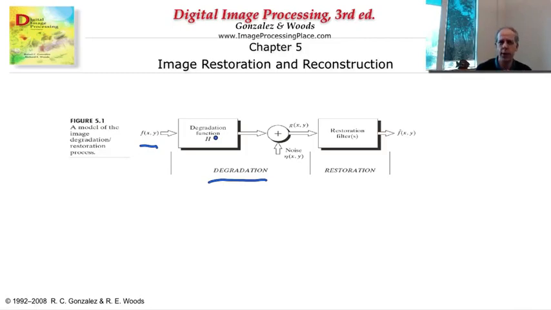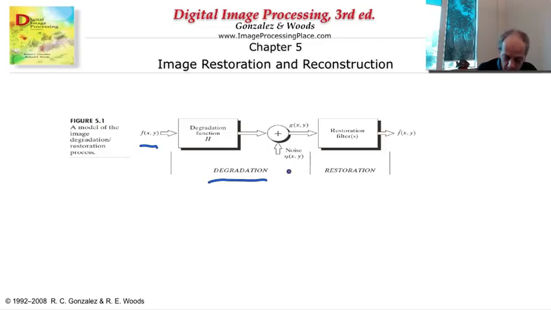Defocus. When we take a picture that is out of focus, that's basically a degradation. Another example is what's called motion blur. When we take pictures of something that goes very fast, we actually see that it's kind of blurry in our picture. And that's basically another type of degradation.